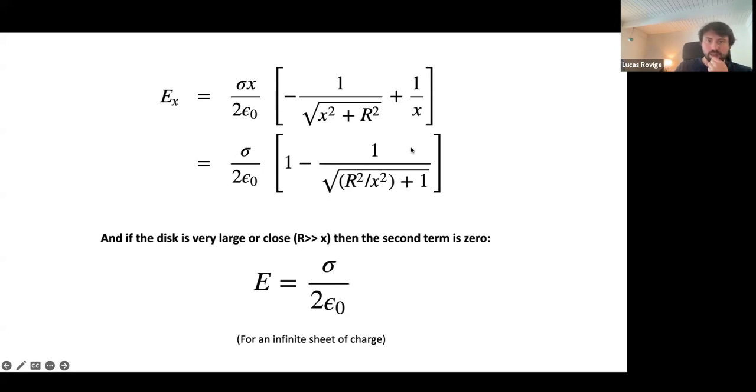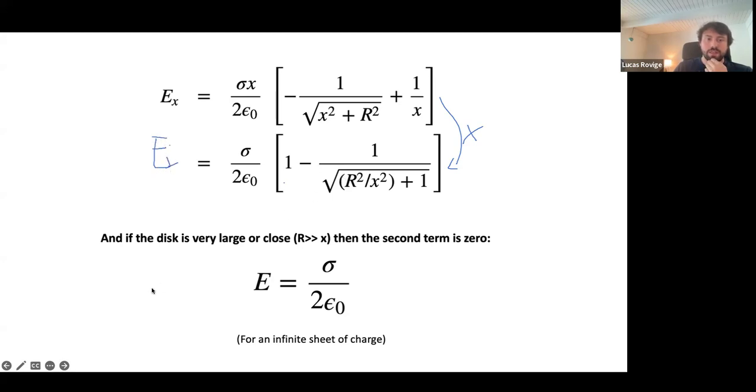And then simplifying, multiplying both sides by x, we obtain this term here. And so we got the contribution for the whole disk.